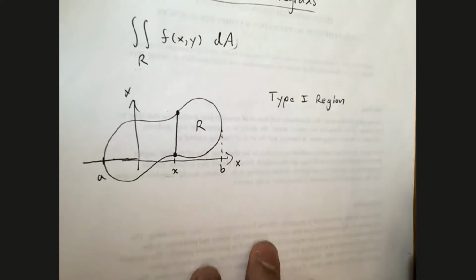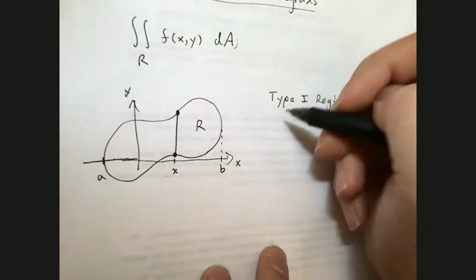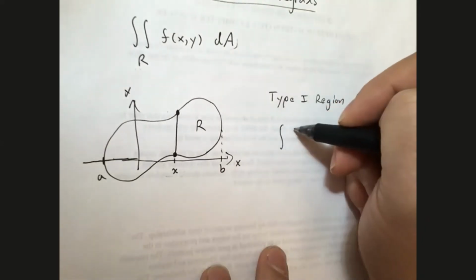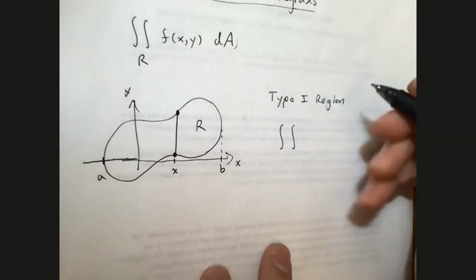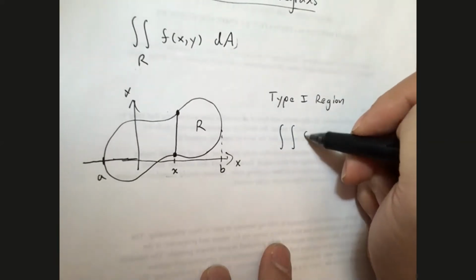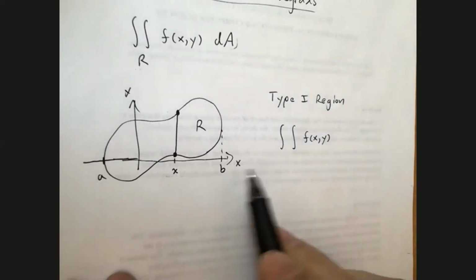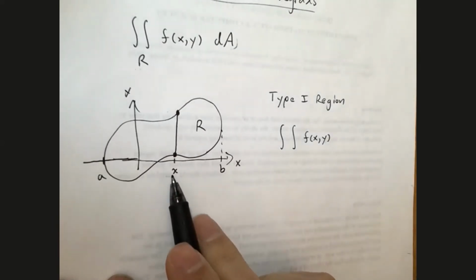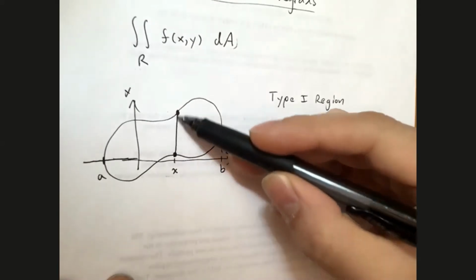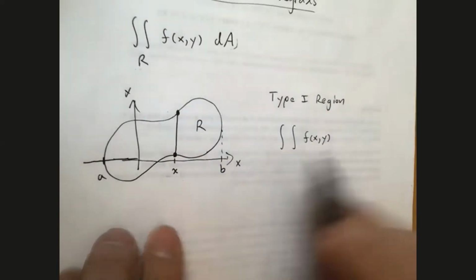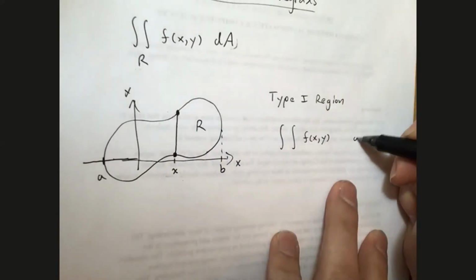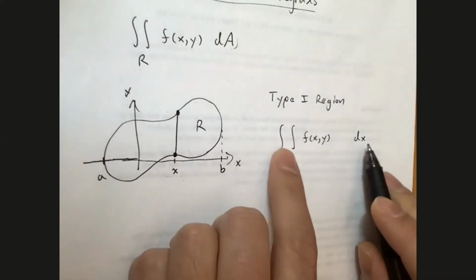And for a type 1 region, you can set up the integral like this. I'm going to have my function in here. For each fixed x, I'm going to integrate with respect to y. What that means is that the x goes on the outside, so the outer integral is x.